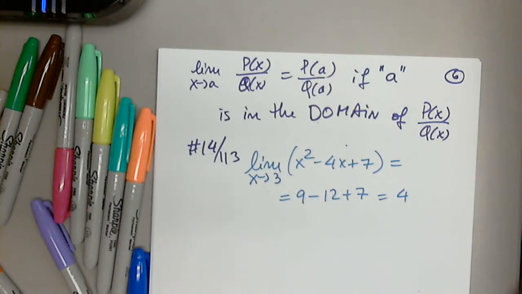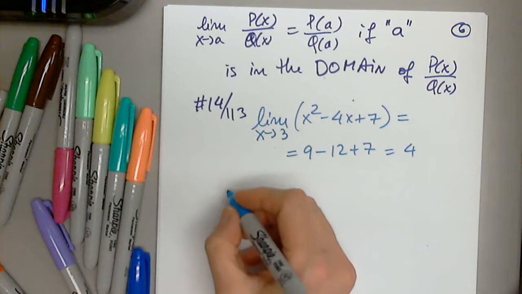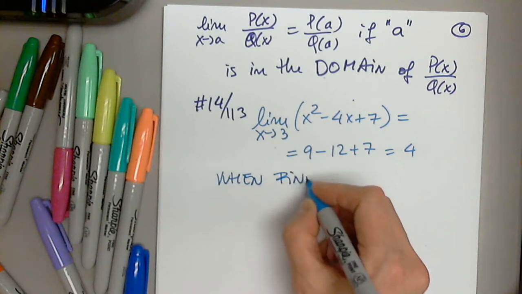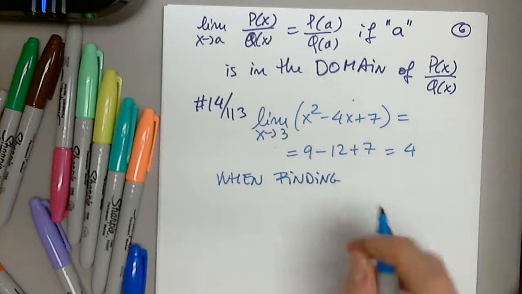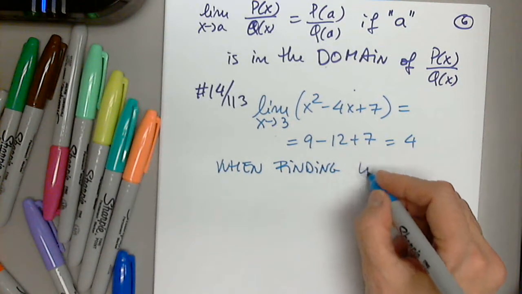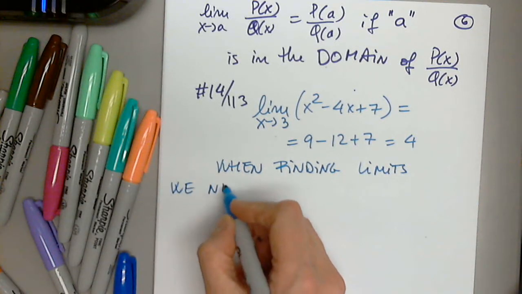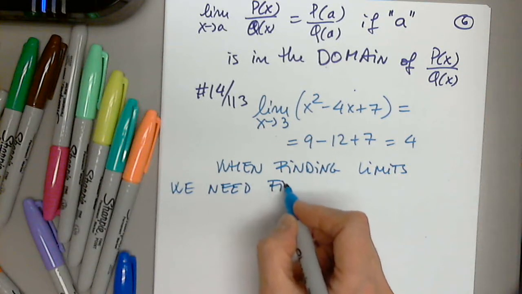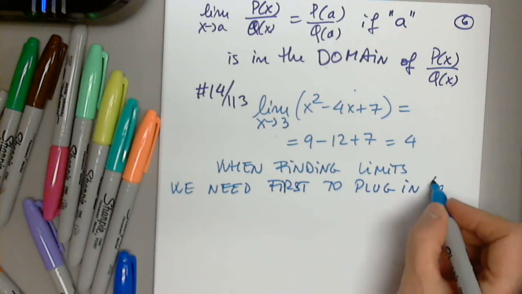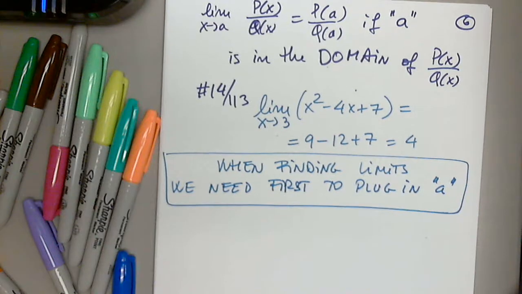Okay, two very important concepts here. When finding limits, this is again going to contradict what I just said a few minutes ago. When finding limits, we need first to plug in A. Why?